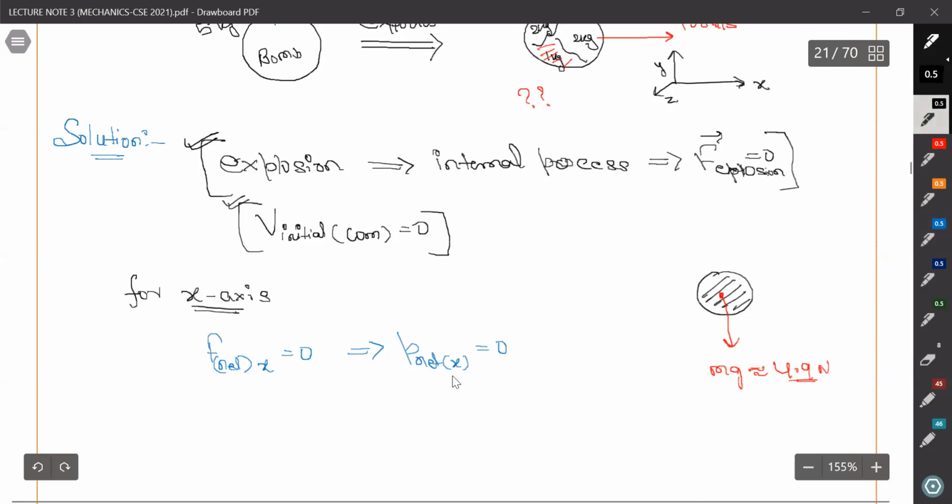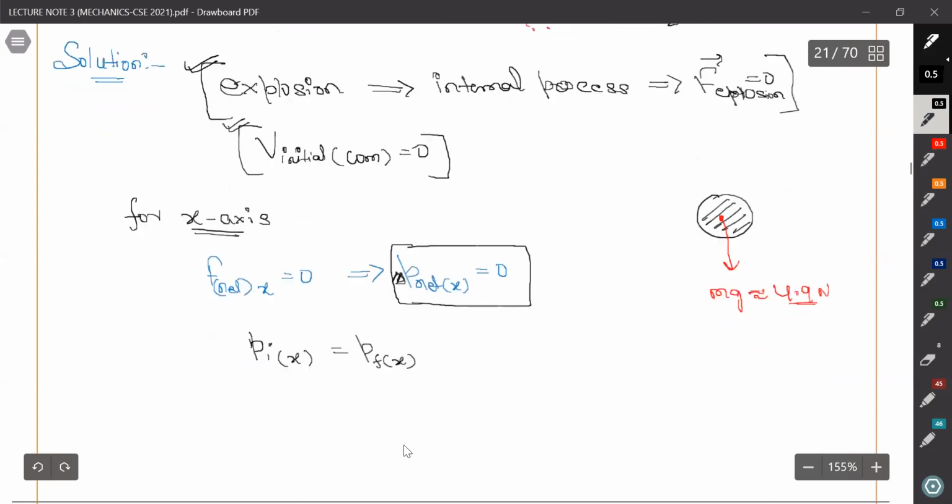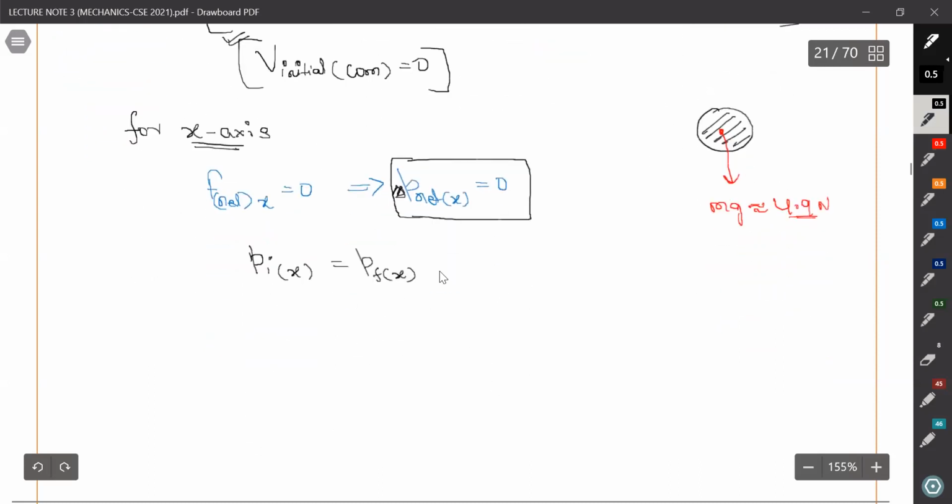So we can write delta p net in x is 0, so momentum is conserved. Pi x equals Pf x. See it properly. You have to write these things in your examination.